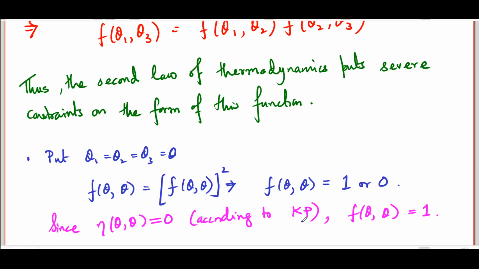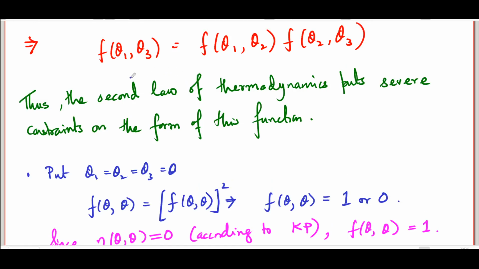W would have to be equal to Q plus, because here Q plus is the entire Q. And then, of course, f would have been 0. But since the Kelvin-Planck statement forbids such an engine from existing, you must have an eta of 0, that means f of theta comma theta is 1. So first of all, one thing we can figure out from this defining equation that you have for f, is that if you supply f with two equal arguments, you must get 1.